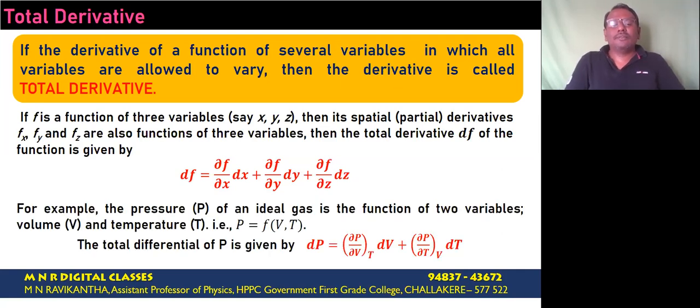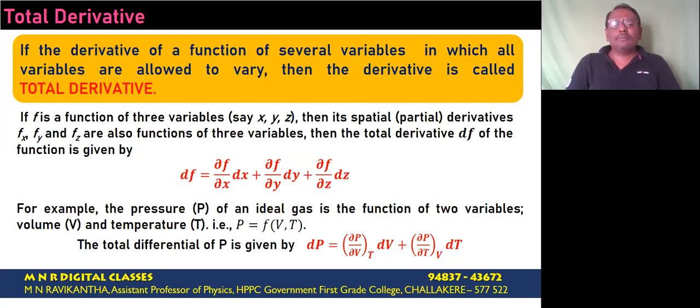For example, if we know that the pressure of an ideal gas is a function of two variables, volume V and temperature T, that is P is equal to f of V comma T, then if any one of these parameters changes, according to gas laws, the pressure changes. The pressure changes with the change in volume, and pressure changes with the change in temperature.